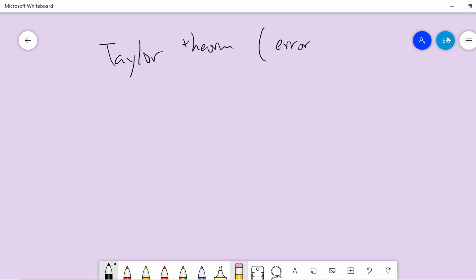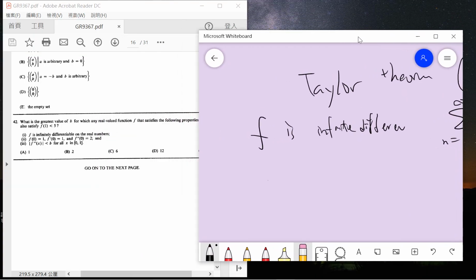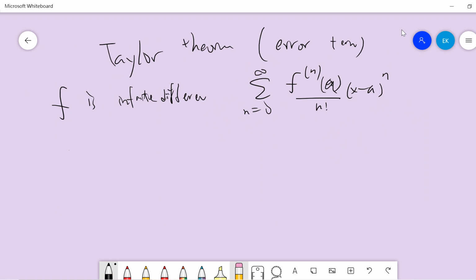Basically, if f is infinitely differentiable, then you can use the Taylor expansion to do the approximation. And what we need to know is the k-term error bound.